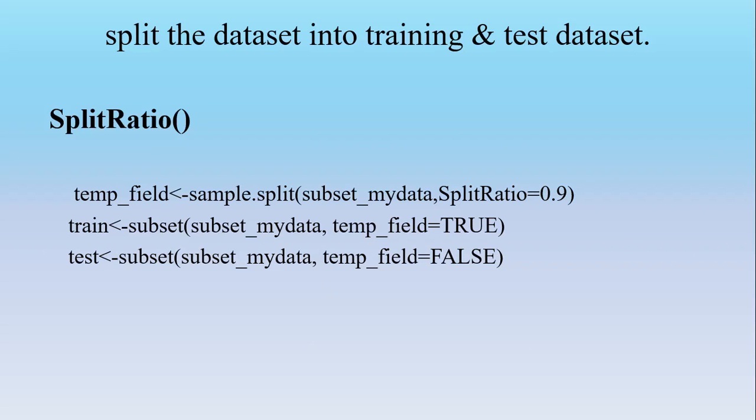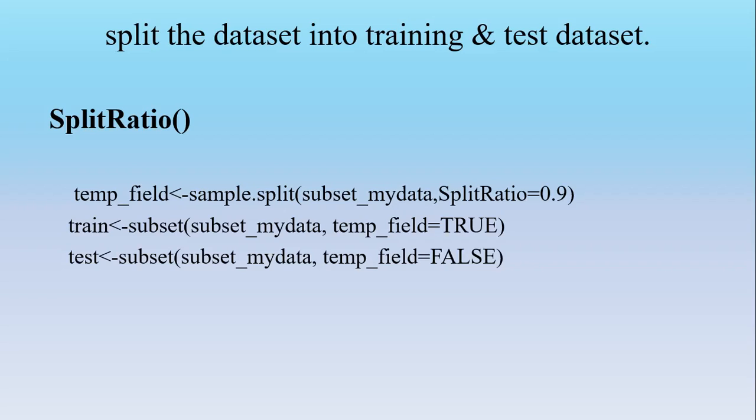Now our first operation is to split the data into training and test data. First we have to understand what train data and test data are. The train dataset is a subset used to train the model. The test data is a subset used to test the trained model.